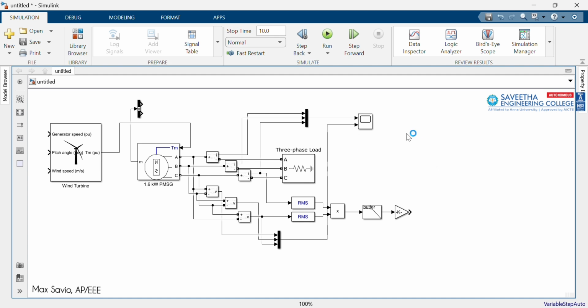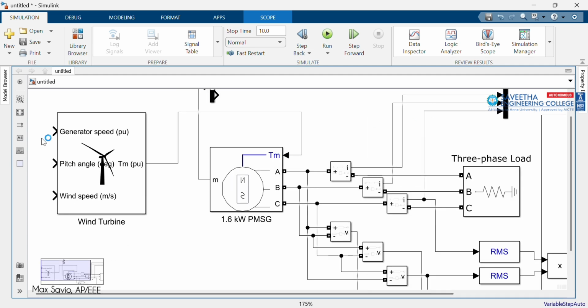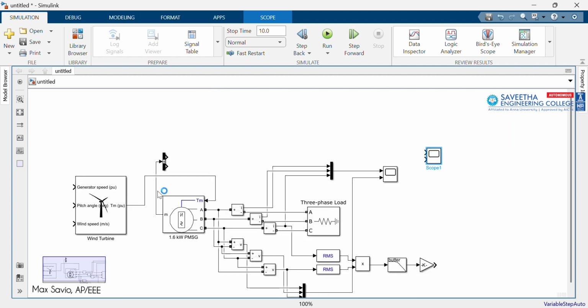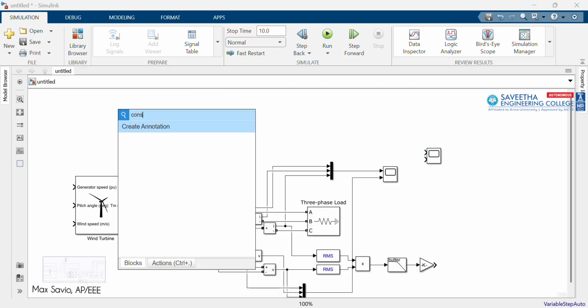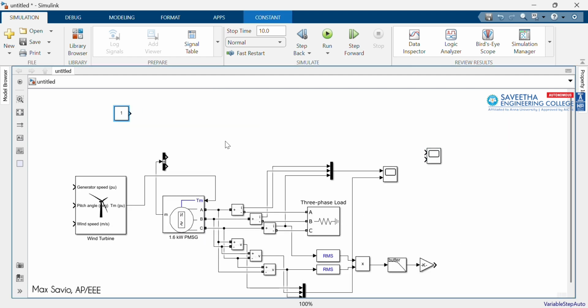Okay, so now let us calculate for the next one. I need a graph on the input parameters, so I'll take another scope. We haven't given any input to this, so I need to have a constant. I connect it, and also I connect this and speed.